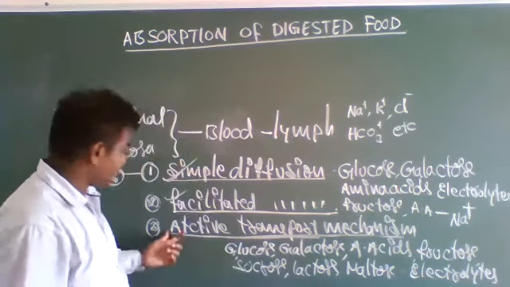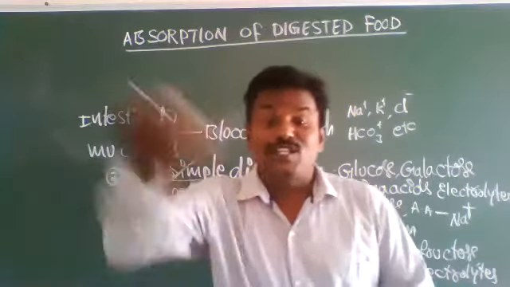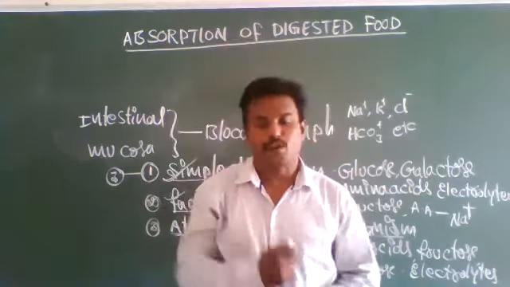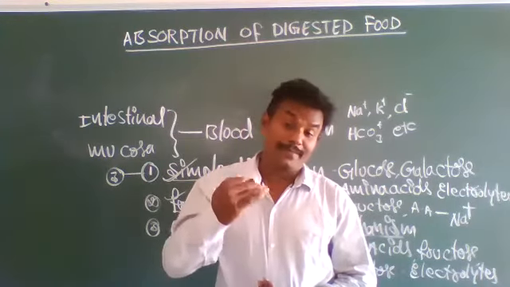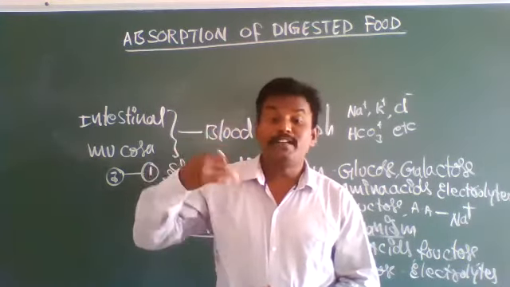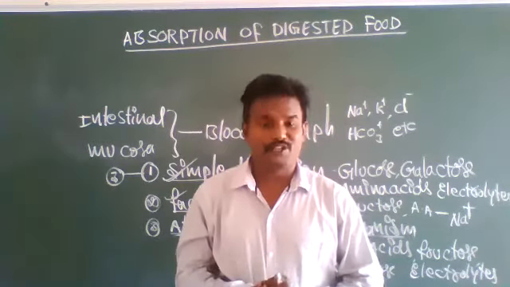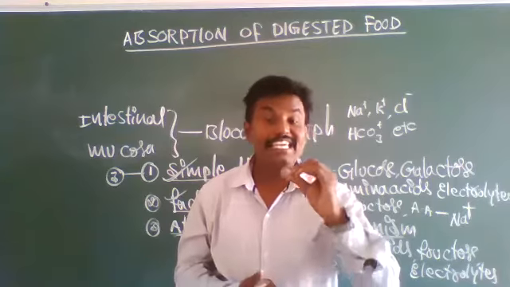Active transport mechanism occurs against the concentration gradient. Against the concentration gradient means from lower to higher concentration. So when nutrients are transported from lower concentration to higher concentration, energy expenditure is required.